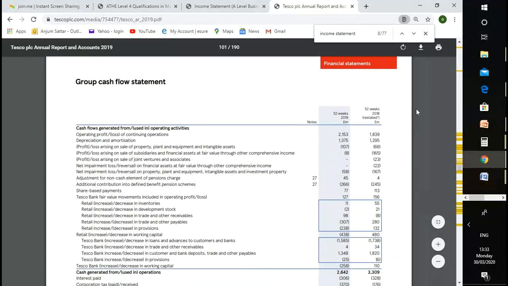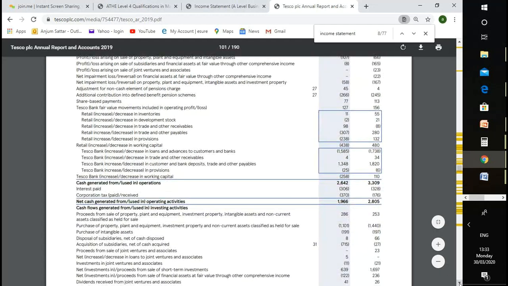Then the last but not least statement is called the cash flow statement. The cash flow statement shows how much cash comes from operating activities, our normal business operation. So how much cash we generate, we can compare the net cash from operating activity over 2 years.